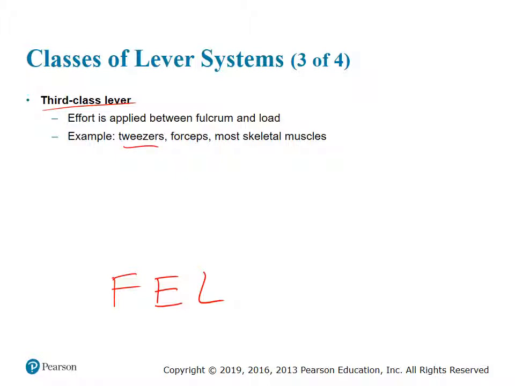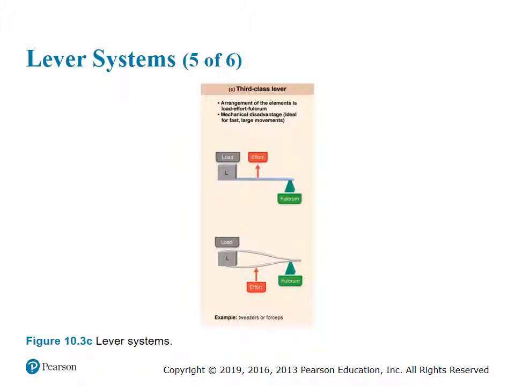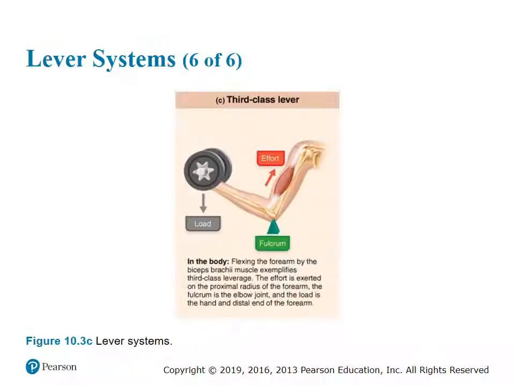Tweezers are a great example, or forceps. Most of your skeletal muscle works in the third class lever. Look at that, there's your tweezers. There's your fulcrum, your elbow. What's the load? The weight of the rest of the forearm and the hand plus the dumbbell.